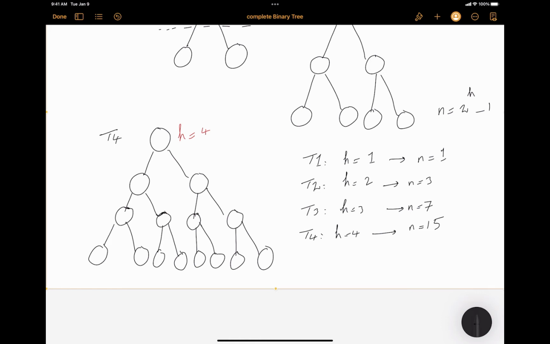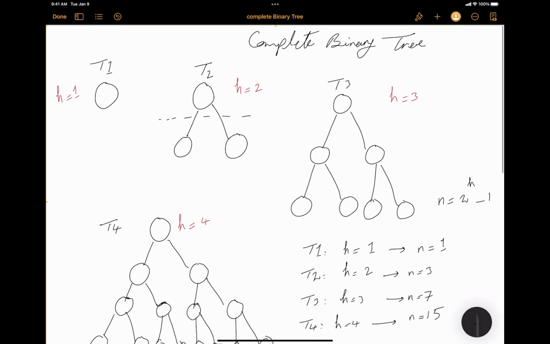So h again is the height of the tree, which is the number of nodes from the root down to the deepest node in the tree. And complete means that the distance from the root to every leaf is exactly the same.